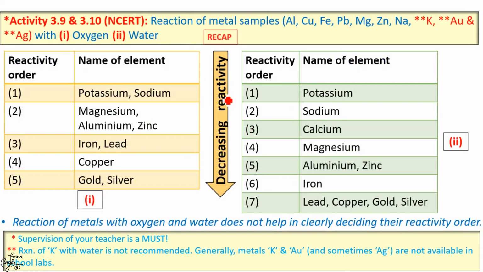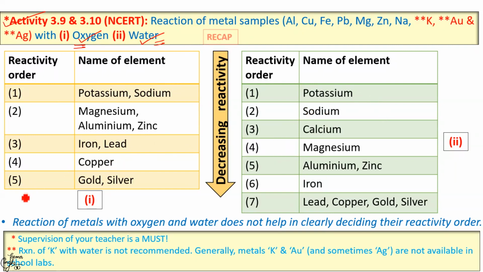In my last two videos, we have been trying to arrange various metal samples in order of their decreasing reactivity on the basis of their reaction with oxygen and water respectively. Let us quickly recall that on performing activities that involved collecting various metal samples and arranging them in decreasing order of their reactivity with oxygen and water respectively, we arrived at these two orders.